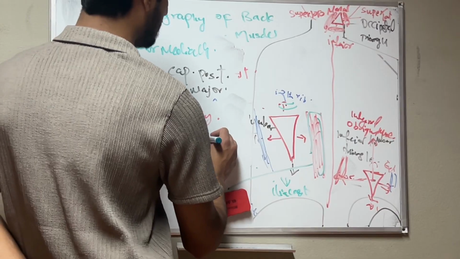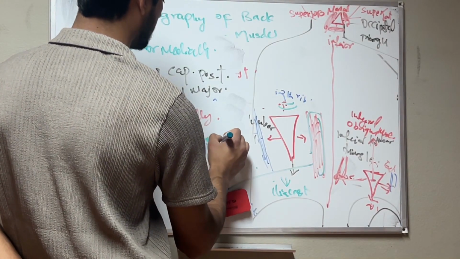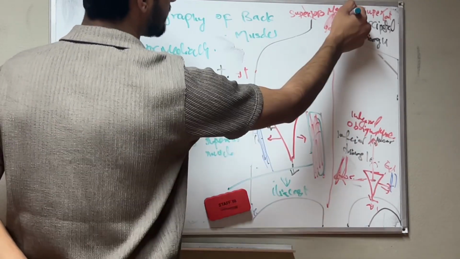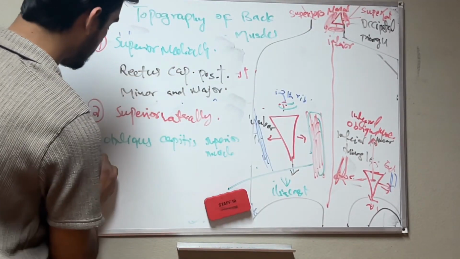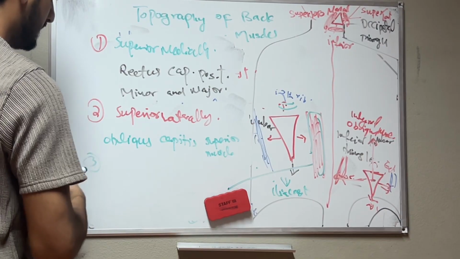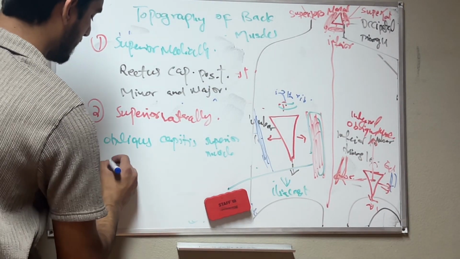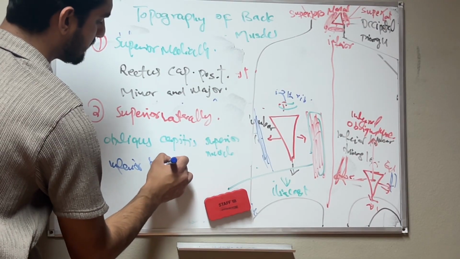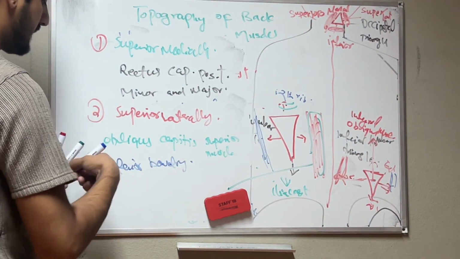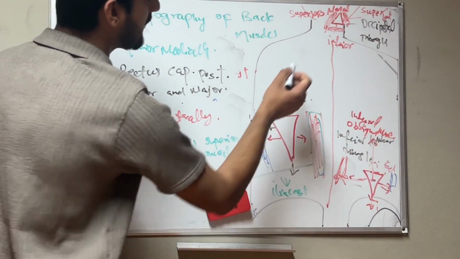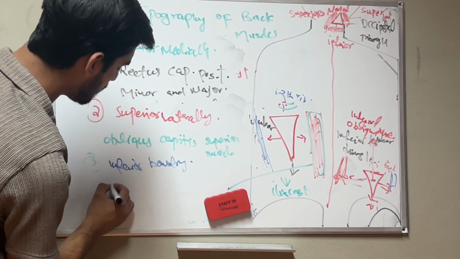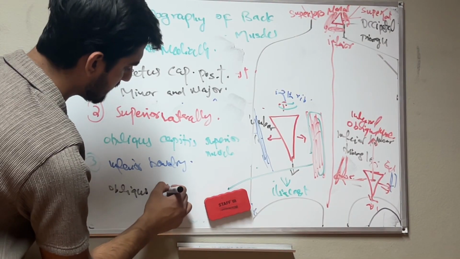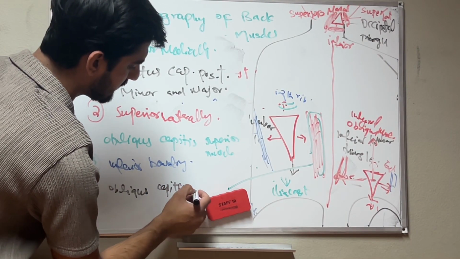And we have an inferior boundary, because we have three boundaries in the occipital triangle. On the inferior boundary, the muscle is the obliquus capitis inferior muscle.